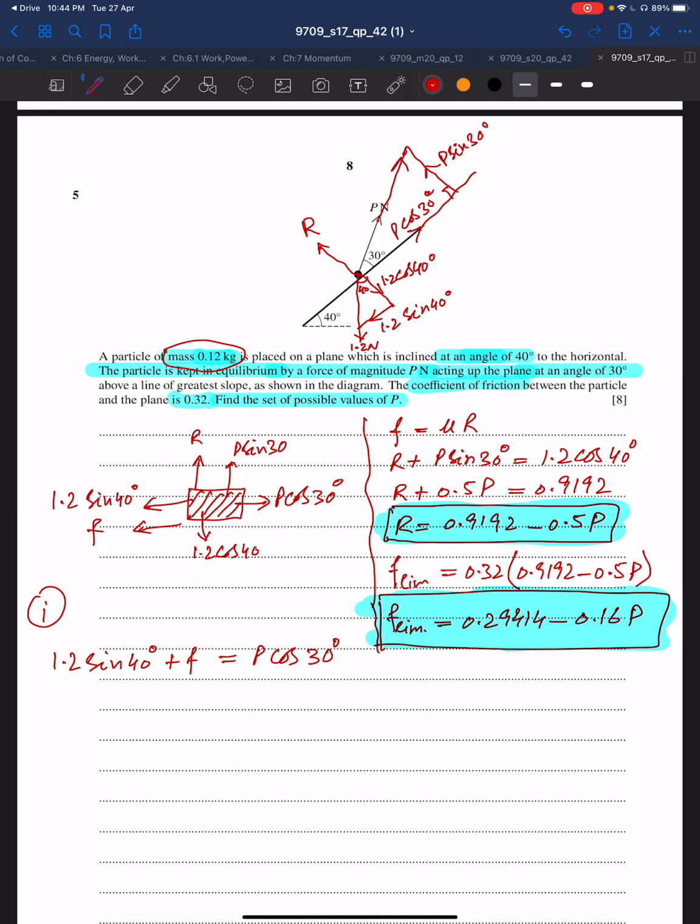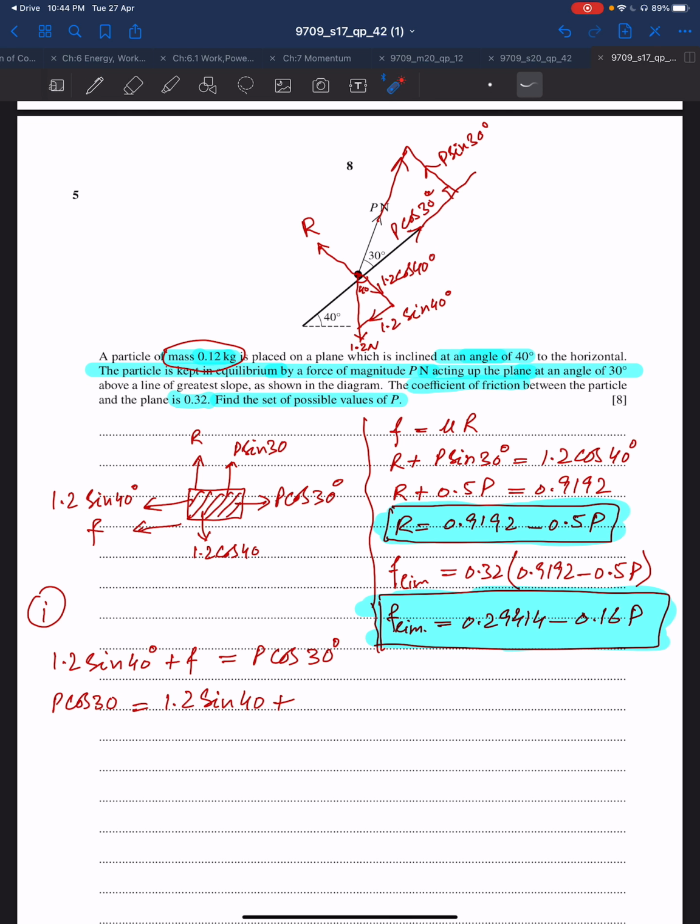So P cos of 30 is equal to 1.2 sine of 40 plus the frictional force.